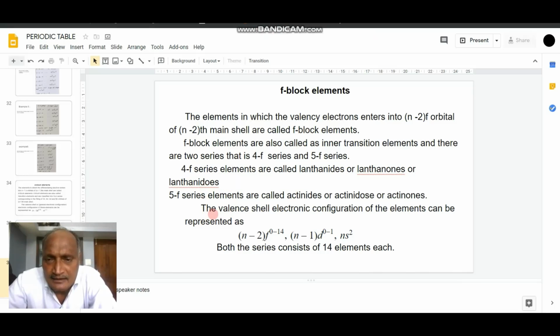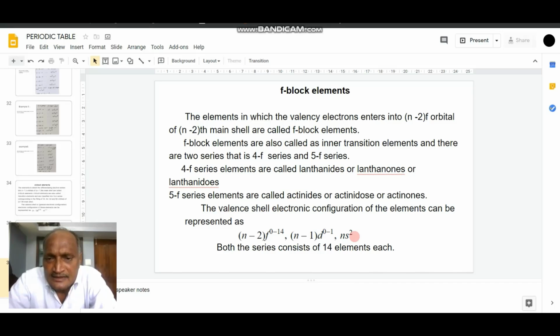The valence shell electronic configuration of the f block elements can be represented as (n-2)f0 to 14, (n-1)d0 to 1, ns2.